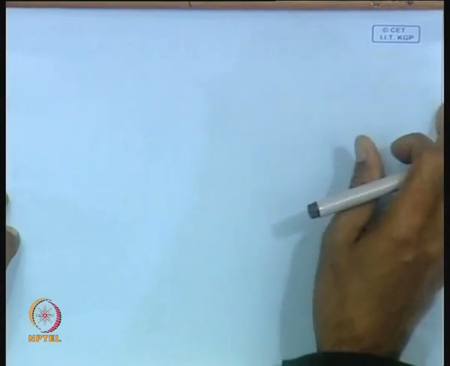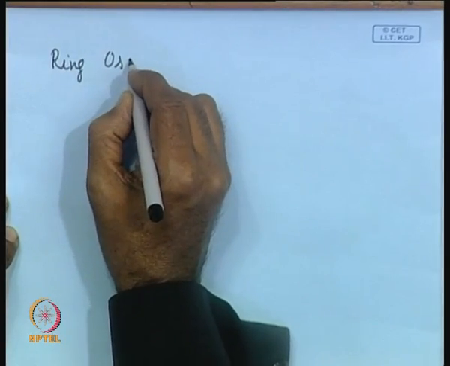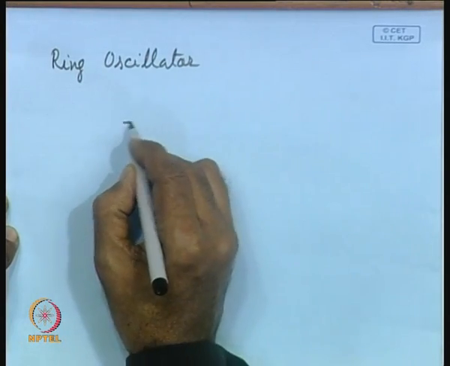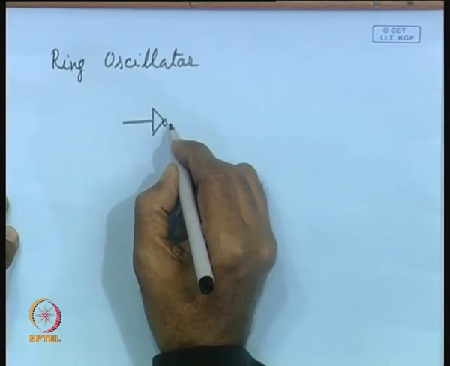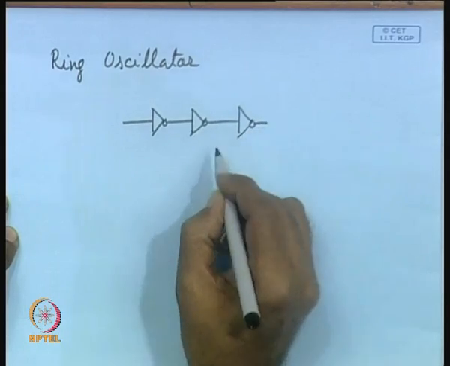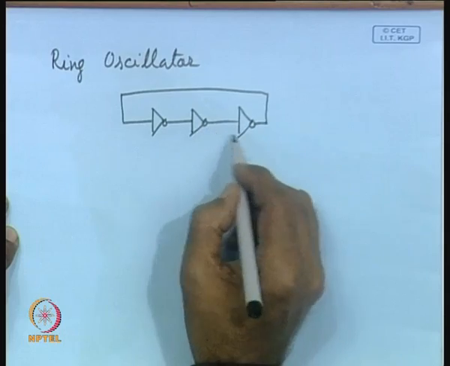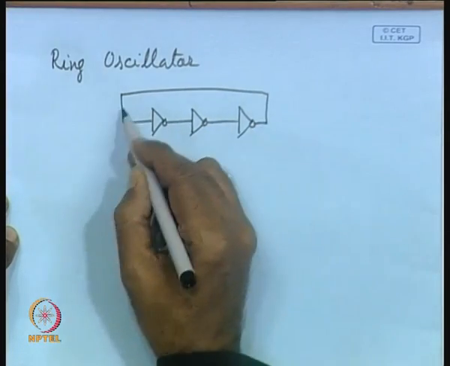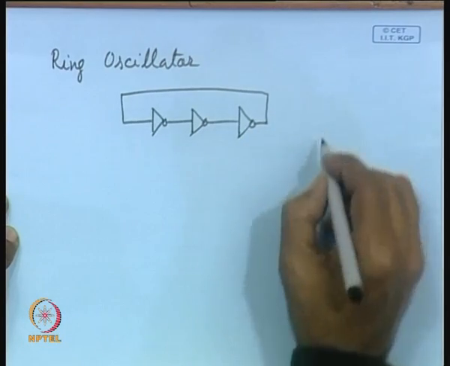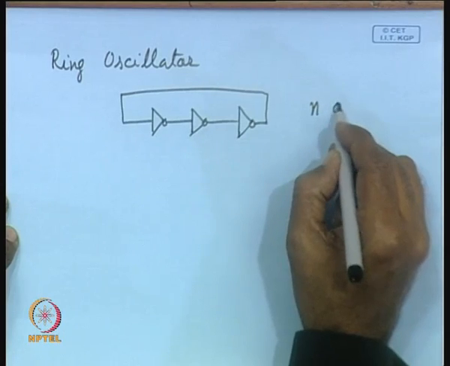To realize a ring oscillator, we shall use an odd number of inverters, say 3, and then we shall apply the output to the input. So, 3 inverters connected back to back will form a ring oscillator. That means the value of n, the number of inverters present, has to be odd.